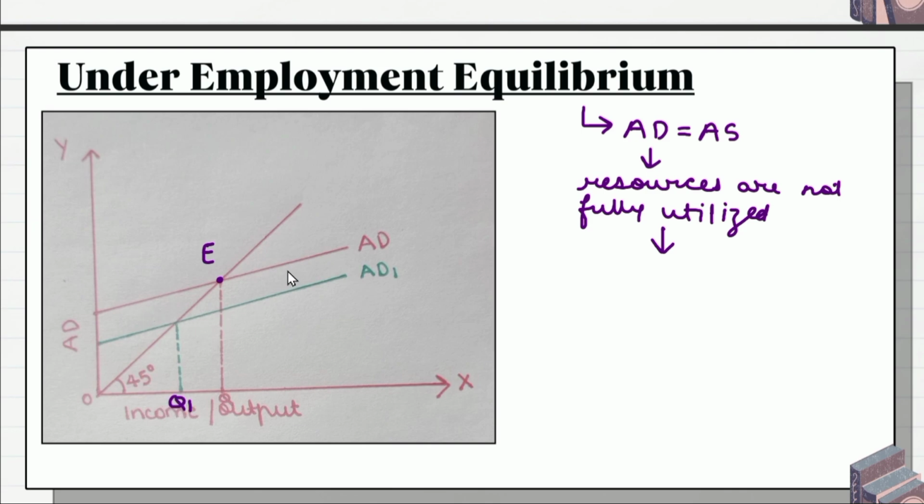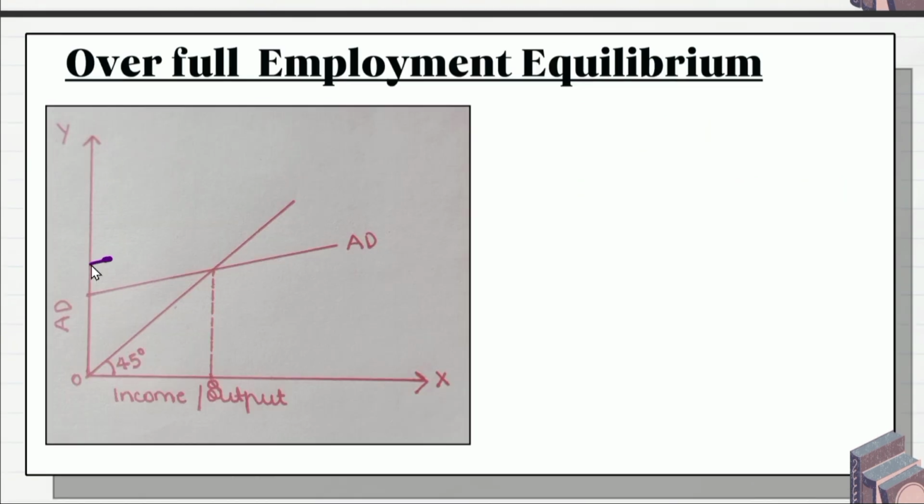So it will occur prior to the full employment level because the resources are not fully utilized here. So AD is equal to AS at this point, which is lower than the full employment level. So OQ1 is less than OQ, which means an economy can produce output worth 10,000 but would produce only output worth 8,000 rupees.